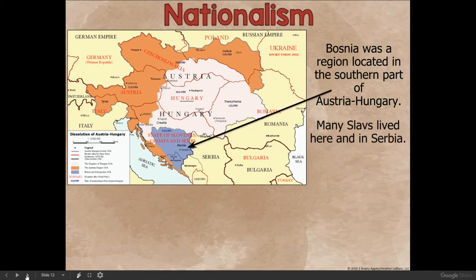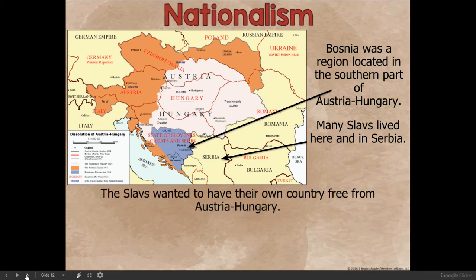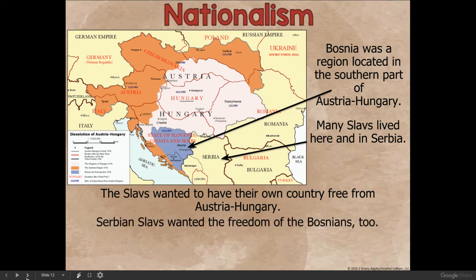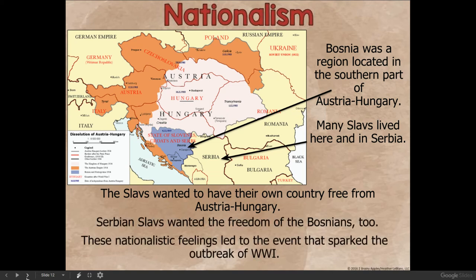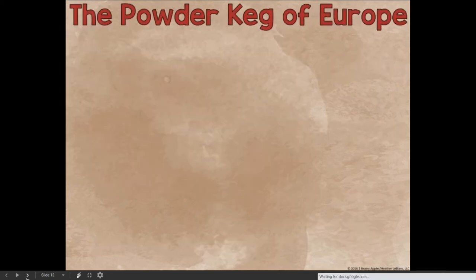And many Slavs, that group that we were talking about in the last slide, lived here in Bosnia, and they lived in Serbia. The Slavs wanted to have their own country free from both Austria-Hungary and free from Bosnia. So these nationalistic feelings are going to lead to an event that's going to spark the outbreak of World War I.